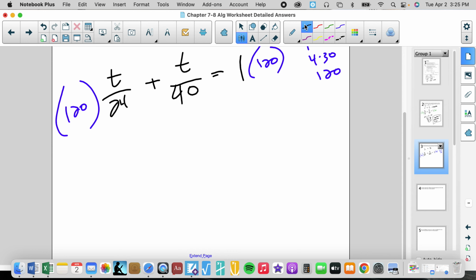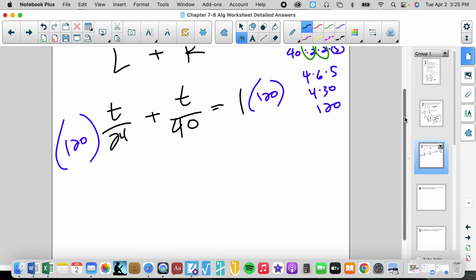So 24 would be 5t, because I found the 24 and that left me with the 5 to make the 120. And then 40 is going to be 3t. 3t equals 120. I think I did that right, yep.